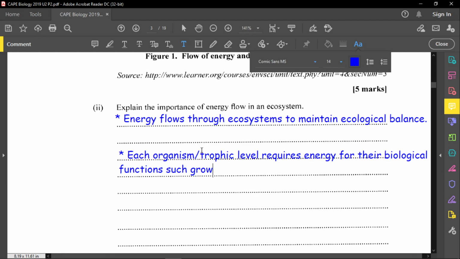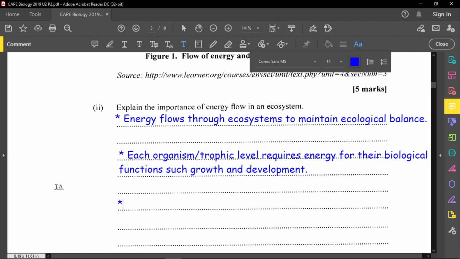All right, so this statement here is that each organism or trophic level requires energy for their biological functions, such as growth and development. So it's very important for energy to flow through the ecosystem so each organism can get energy for their biological functions, such as growth and development.